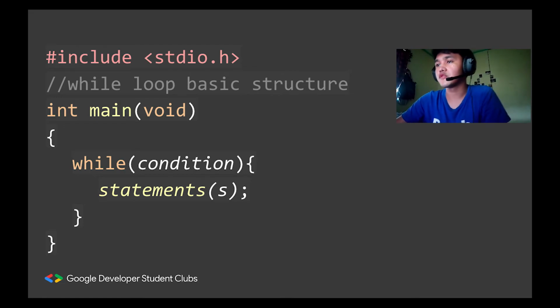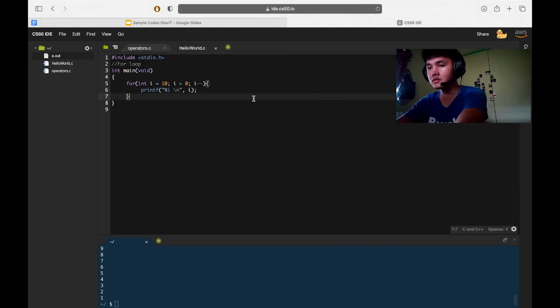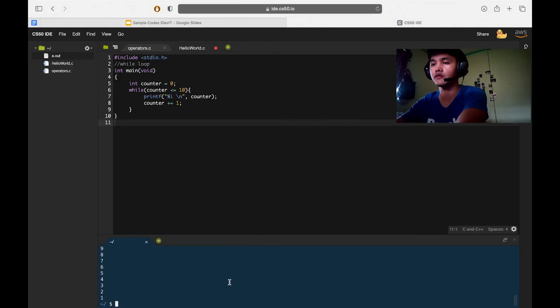So looking at our first example here, we manually initialized our loop at 0, contained by the variable counter. We continue the loop as long as the counter is less than or equal to 10, and after each iteration we add 1 to counter. And if we run this exact line of code, we get this result.